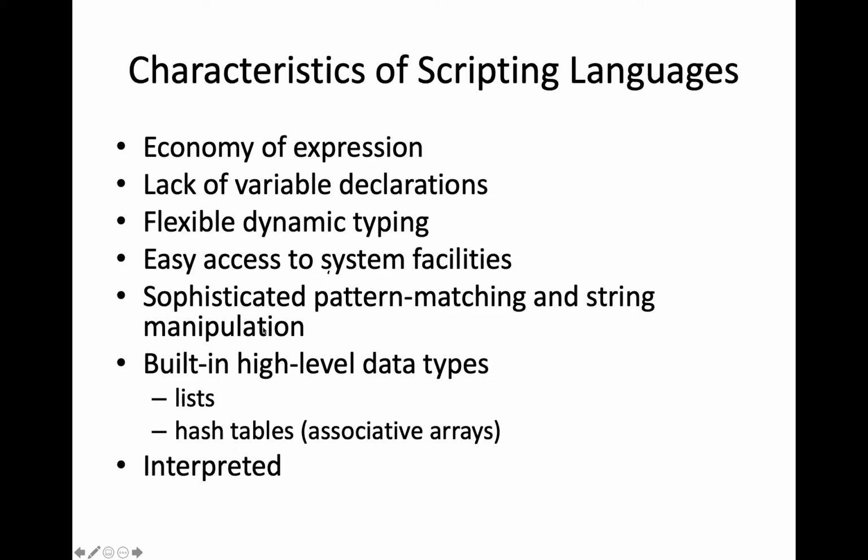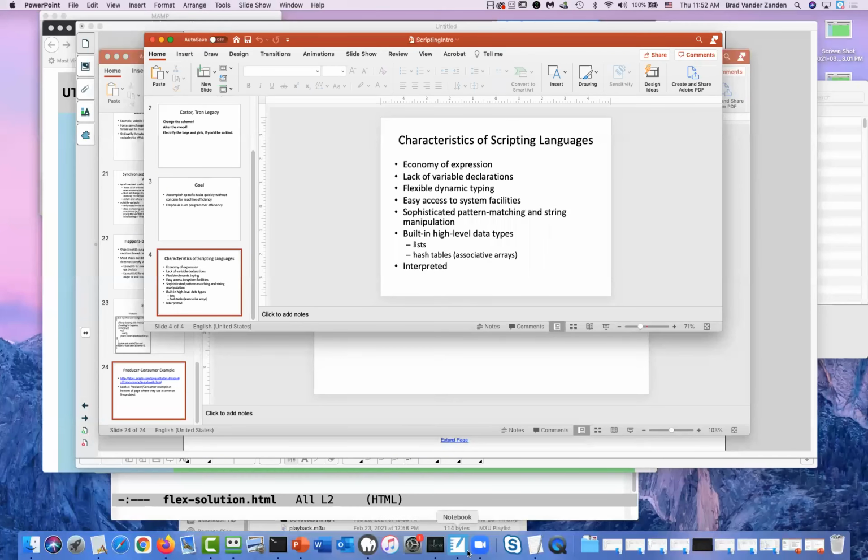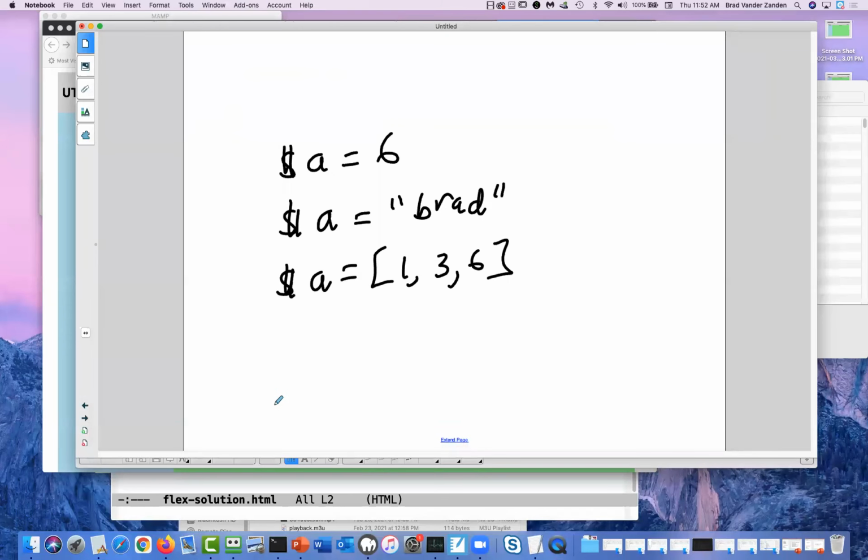Scripting languages also have a big emphasis on string manipulation and being able to easily type check strings, pattern match, and the like. We will see this later, but just as a taste of it, let's say that we want to require a birth date to have 2 digits.